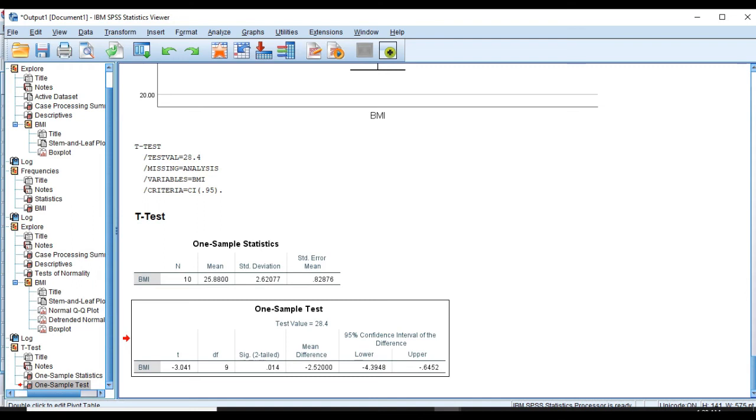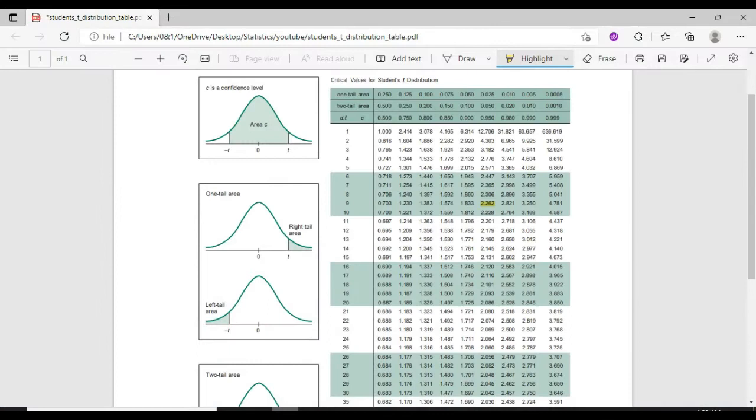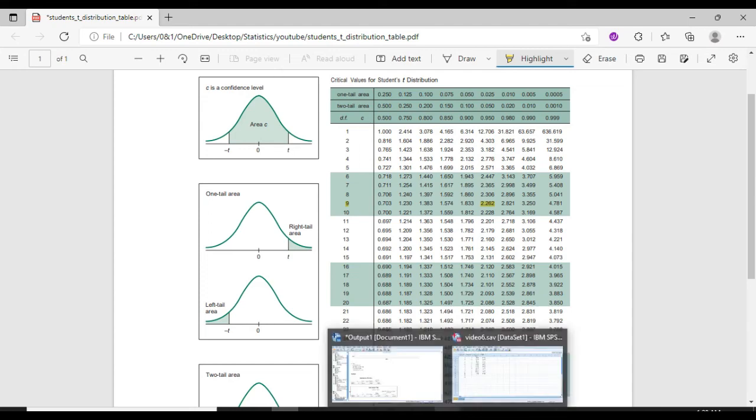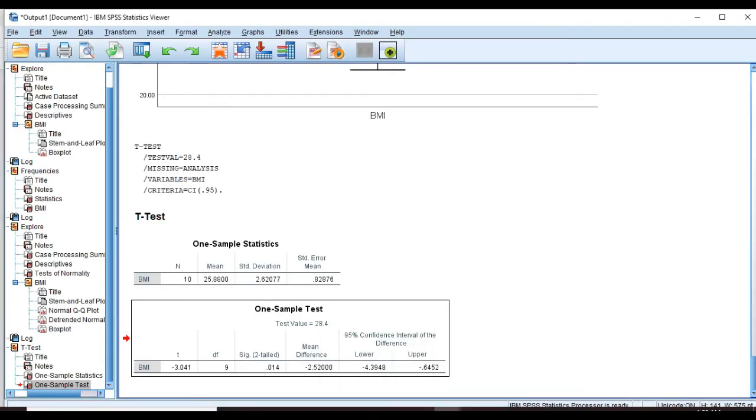So, here in our example, I looked up the t-value from the student's t-table, two-tail test. And as you can see, for our test with 9 degrees of freedom, the critical value is 2.262, and our calculated t-value is minus 3.041.